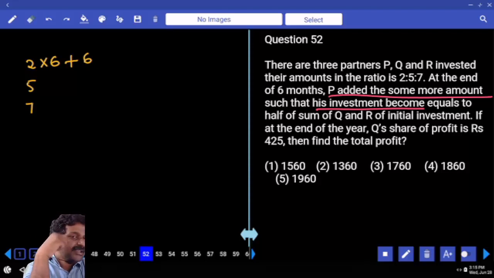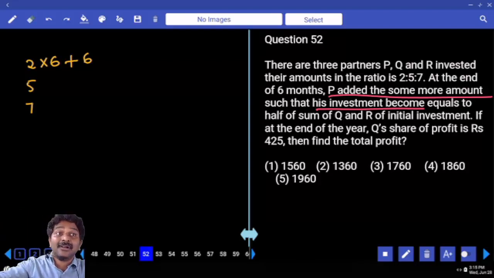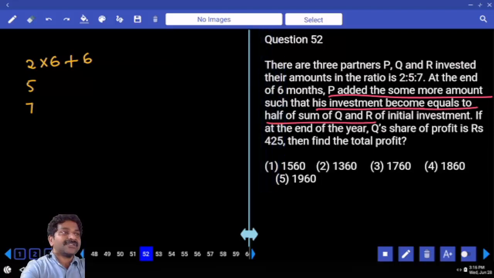Yes or no? Is it 6 added to the initial investment 2, or does it become 6? Underline the words: P added some more amount such that his investment becomes equal to half of the sum of Q and R. That means his present investment is half of Q and R's initial investment.